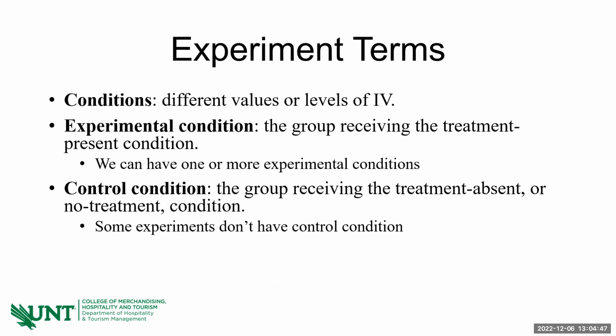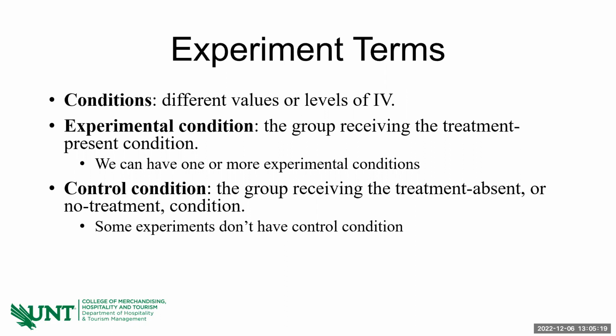Other experiment terms, like conditions. Conditions means different levels of the independent variable. So in our cheese experiment, you have two conditions. Eating cheese is one condition, and not eating cheese is another condition. So you have two groups. And when we talk about randomization, that means you have your 100 participants randomly assigned to two groups.